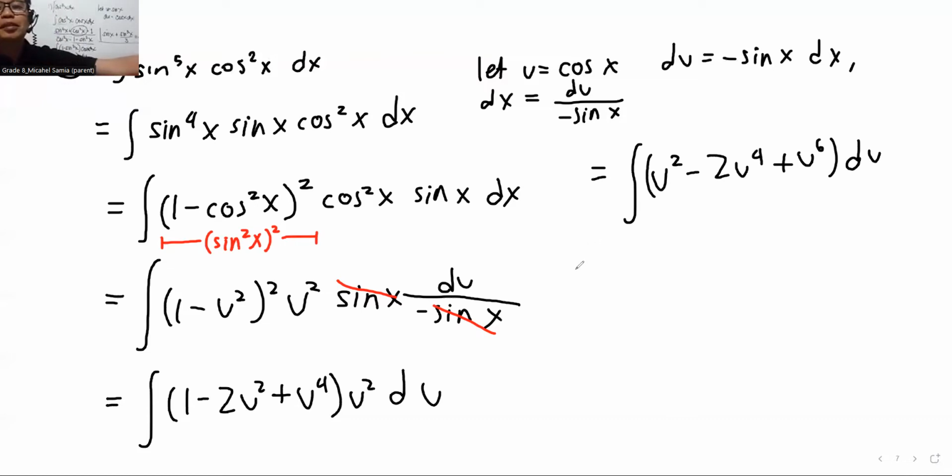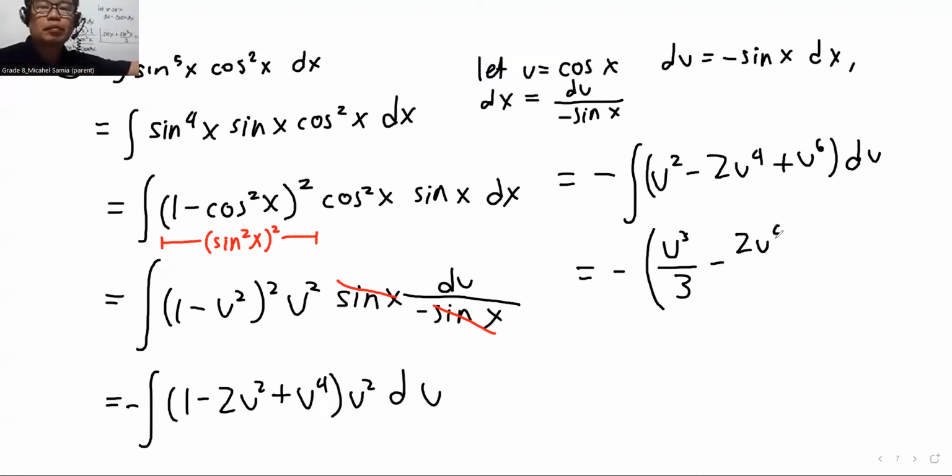Okay. Oh, there's a negative. Substituting the u back into cosine x.